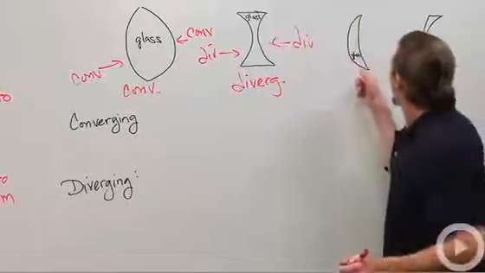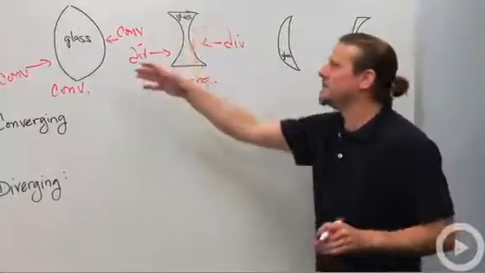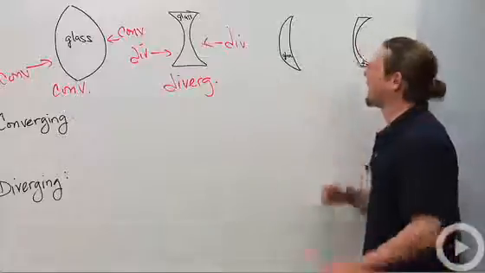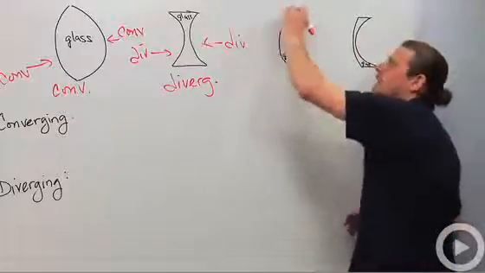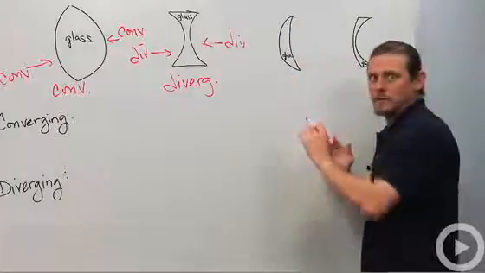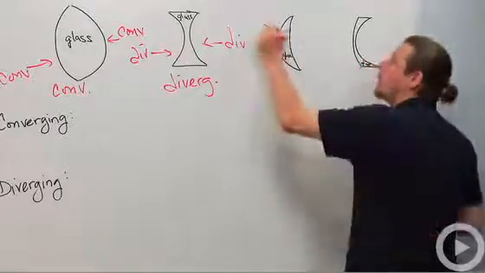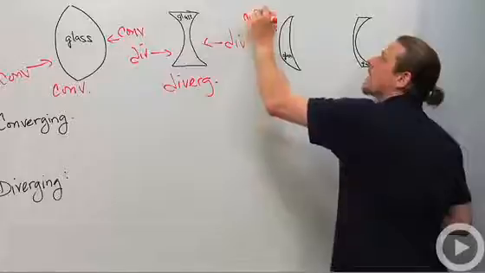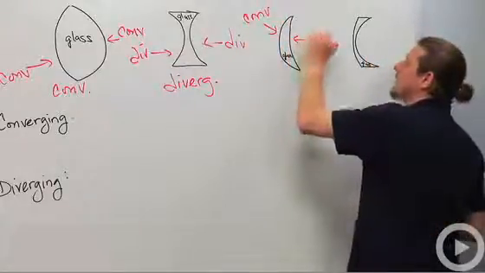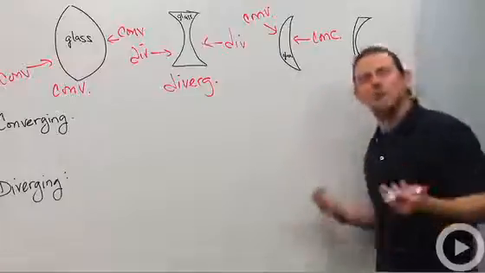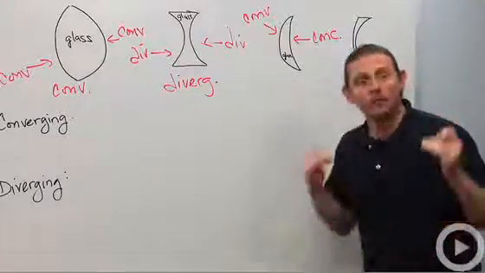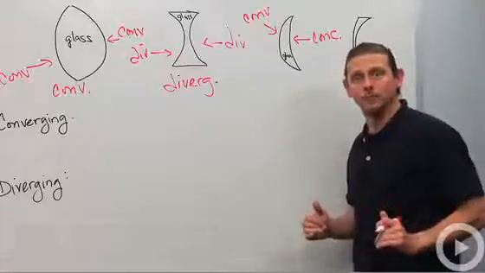All right? What about here? So these were easy because it was convex, convex, concave, concave. What about here? On this side, it's convex, but on this side, it's concave. I don't know. So we've got convex, and then on this side, concave. So we need to know whether this lens will ultimately converge or diverge light.